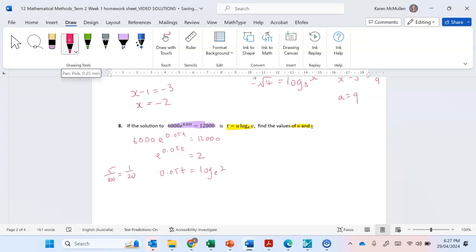So what we can do is take the reciprocal of 1 over 20, which is 20 over 1. If we multiply both sides by 20 over 1, which is just 20, then u is equal to 20 and v is equal to 2.